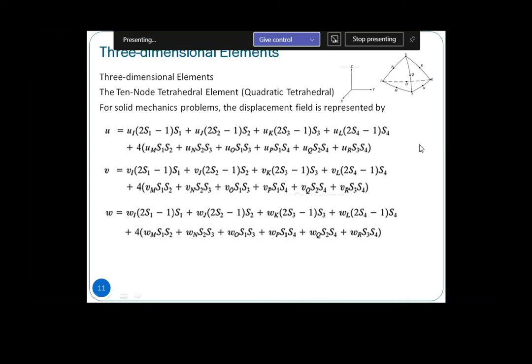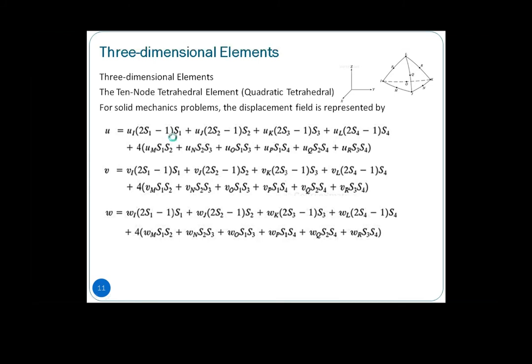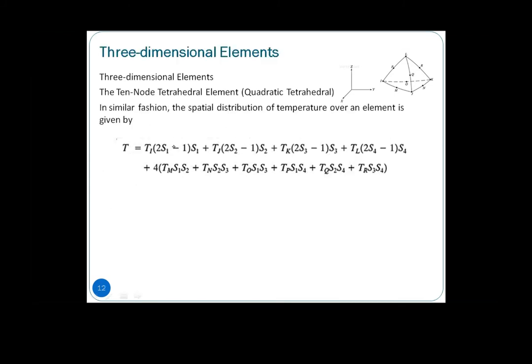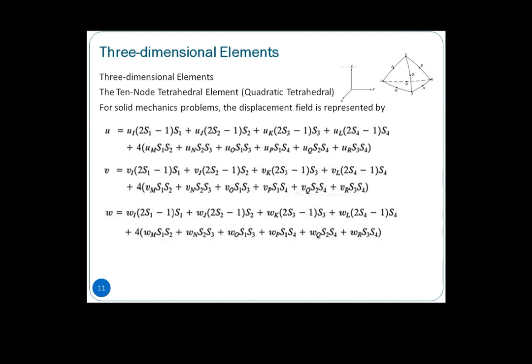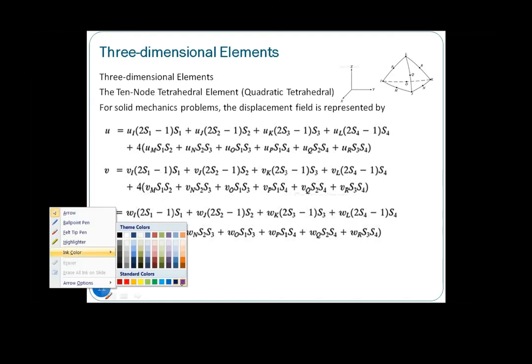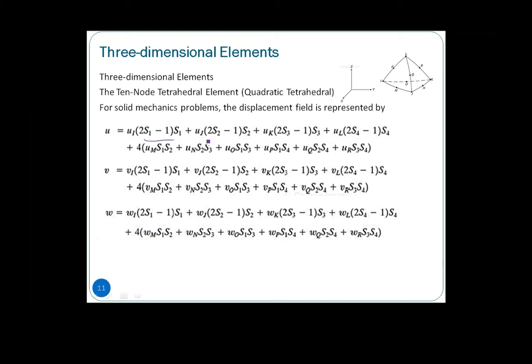Here you have the first four, 1, 2, 3, 4, then 5 multiplied by 4, 6 multiplied by 4, 7, 8, 9, 10.